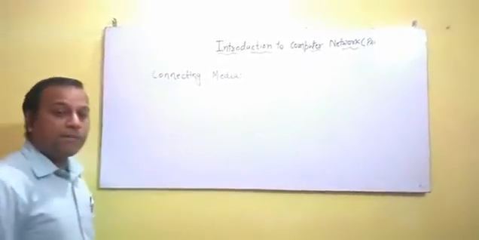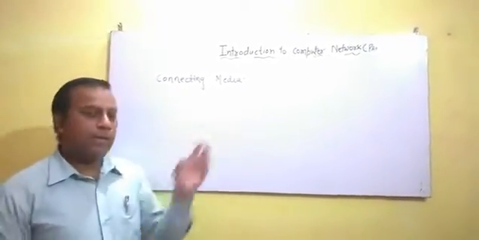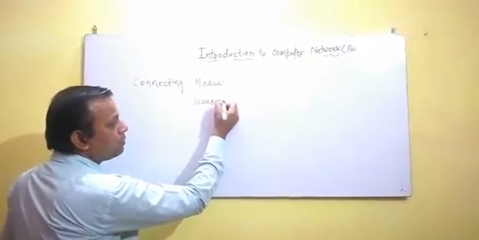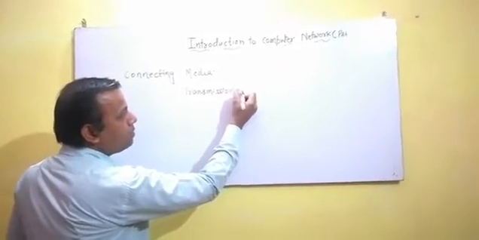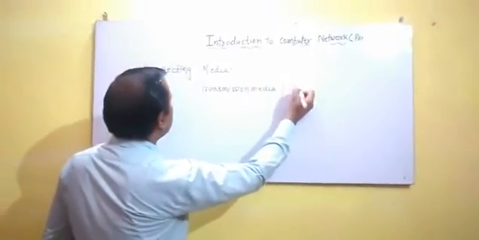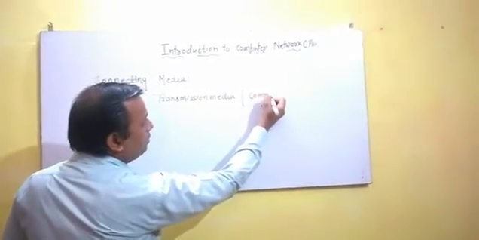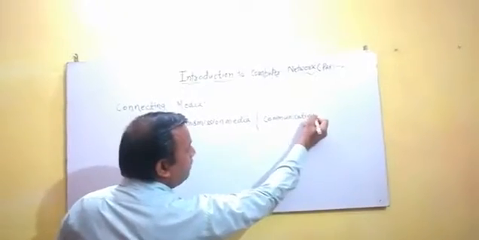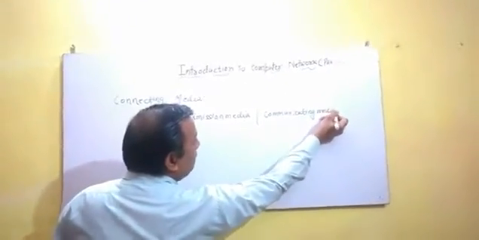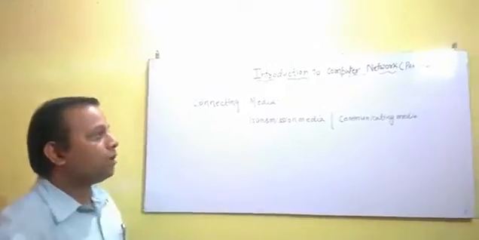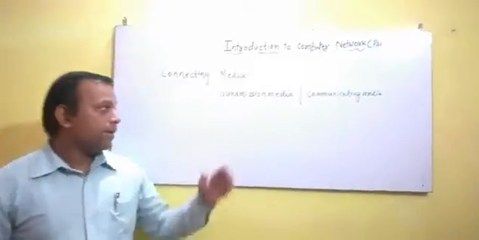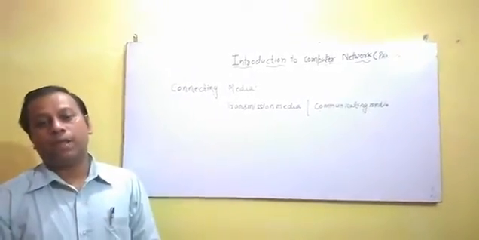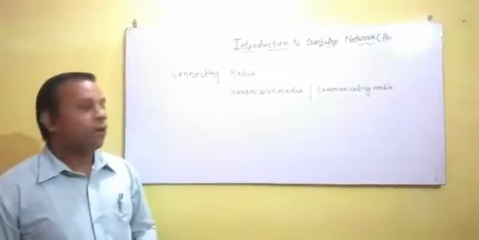Basically, connecting media has different names. It is sometimes called transmission media. Sometimes it is called communicating media. Basically, whenever we want to connect a computer, we need a medium, and that medium is said to be a connecting media.